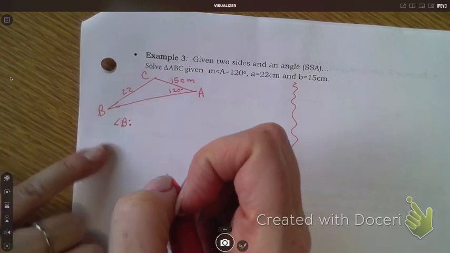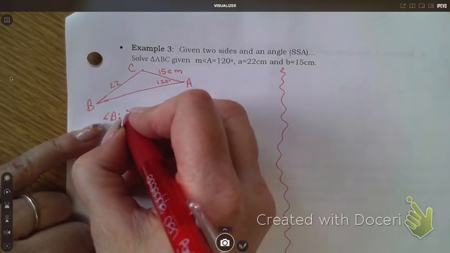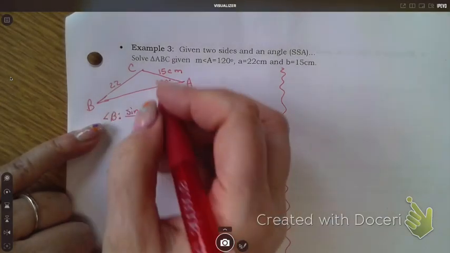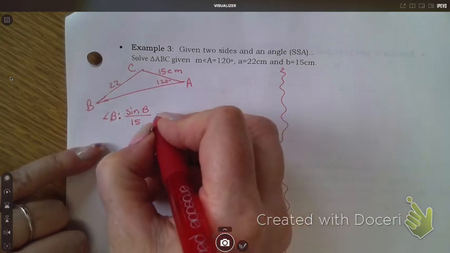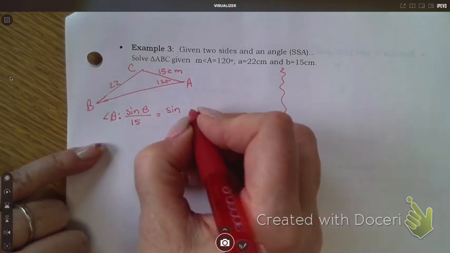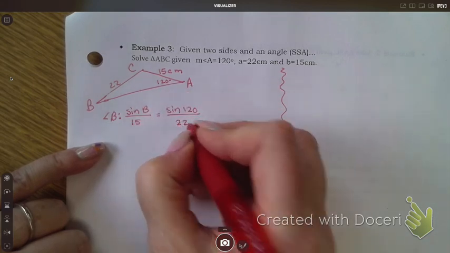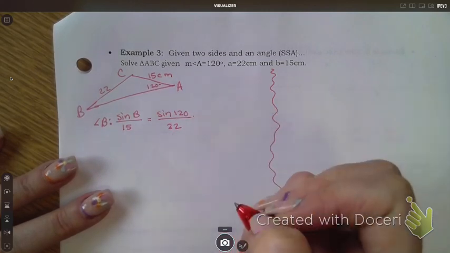Okay, so the formula says sine of B divided by B, which is 15, equals sine of 120 over 22. So then I would multiply over by 15, correct?